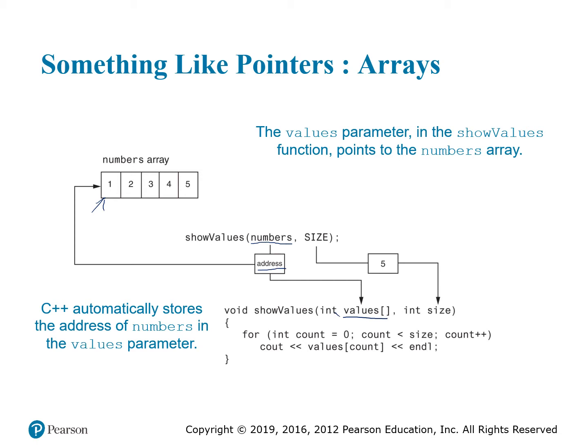And when show values tries to access values at index count, it's going to look up this address and go, say we said values at 2, we'll go 0, 1, 2.